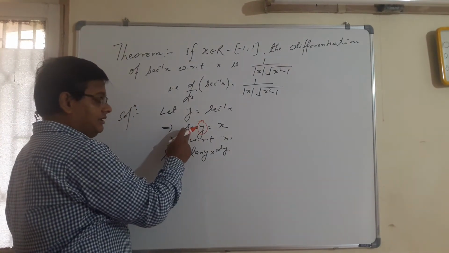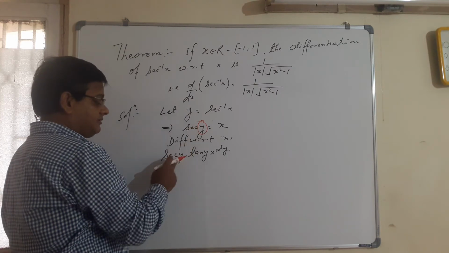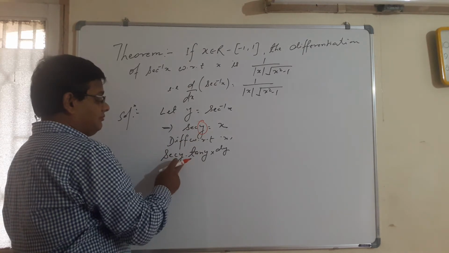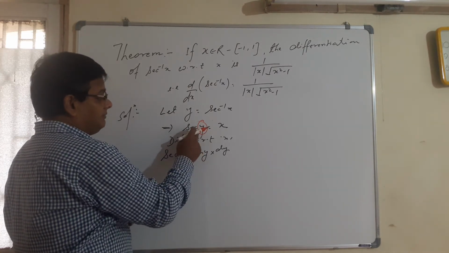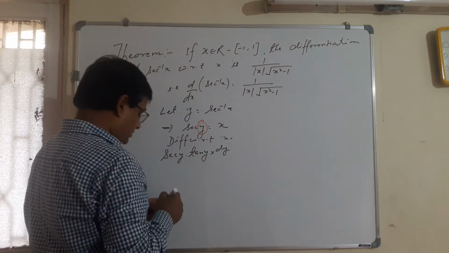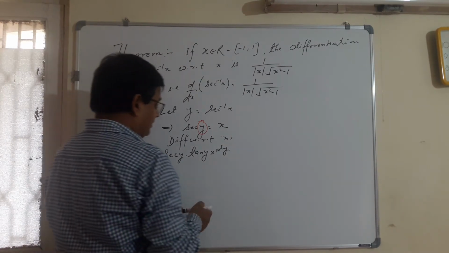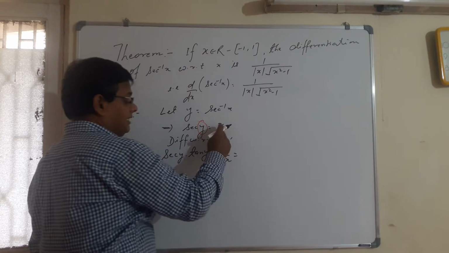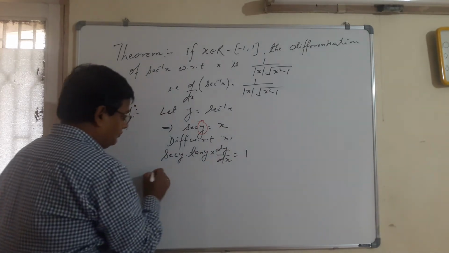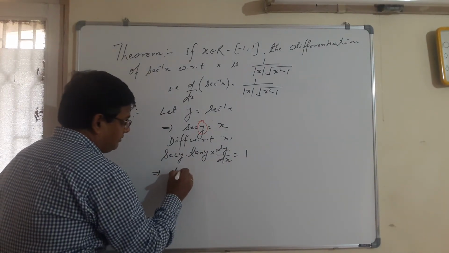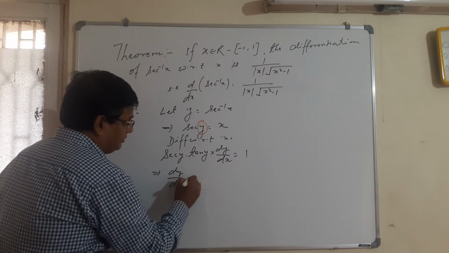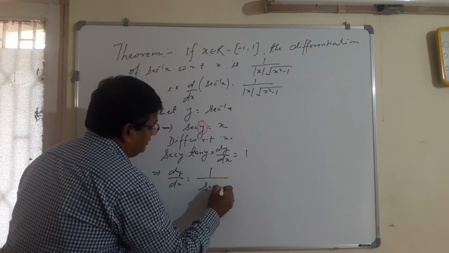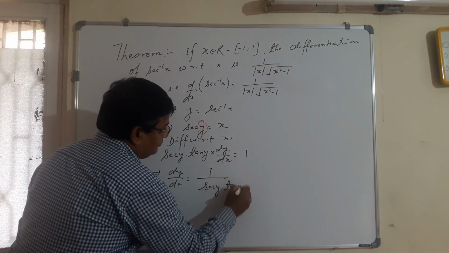We know that the differentiation of sec x is sec x into tan x. And the differentiation of x with respect to x is 1. So dy by dx is equal to 1 over sec y into tan y.